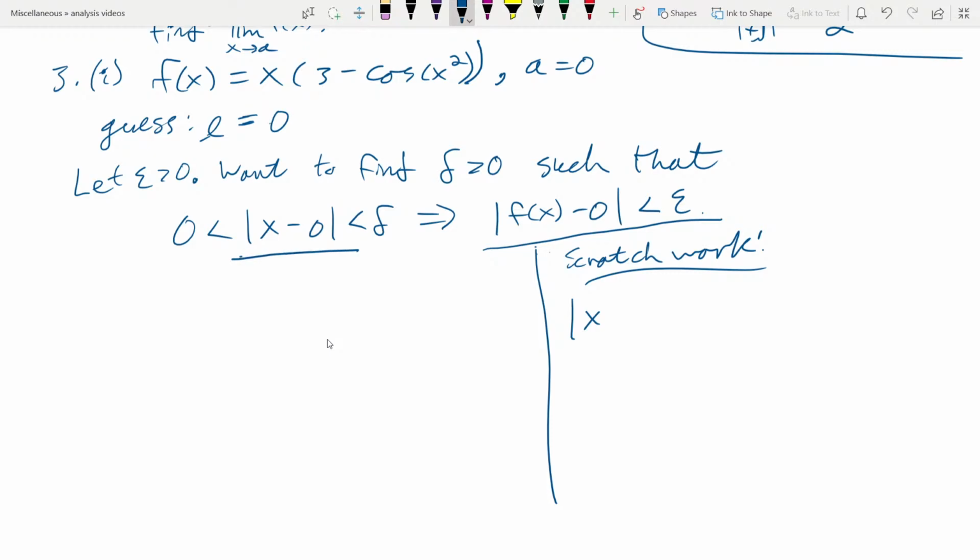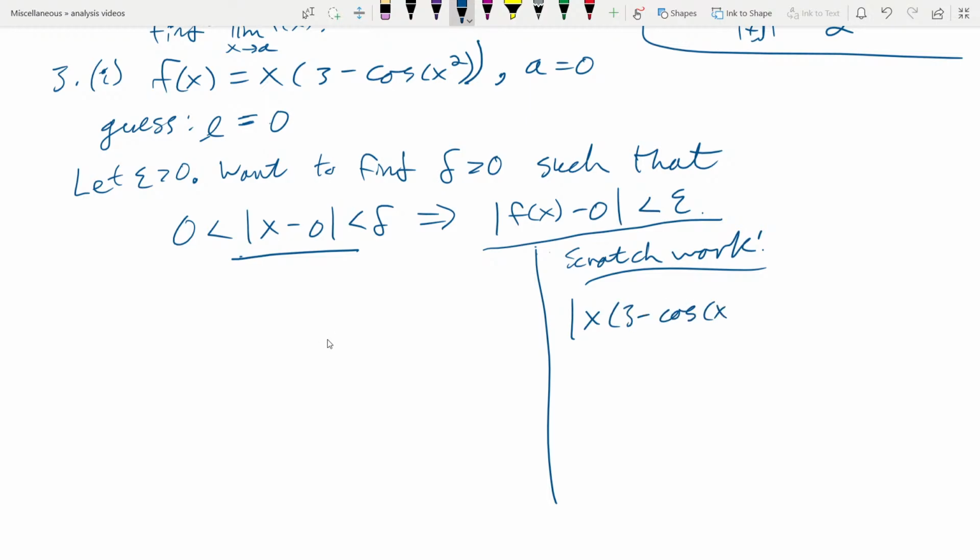That's because f of x minus 0 is what we want to be able to control, and the absolute value of x minus 0 is what we have control over, because we are free to choose the delta as we please. So if I can bound the former by something in terms of x minus 0, in a simpler way, then that will give us a clue as to how to choose delta. It'll make more sense when you see how it goes in practice.